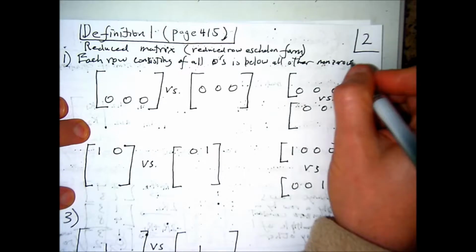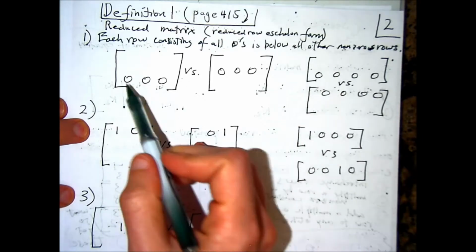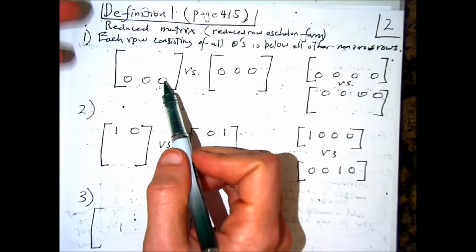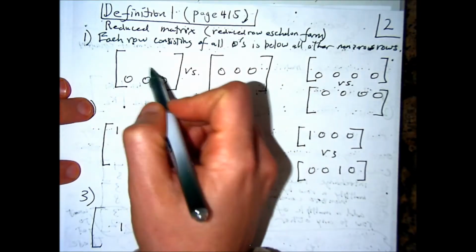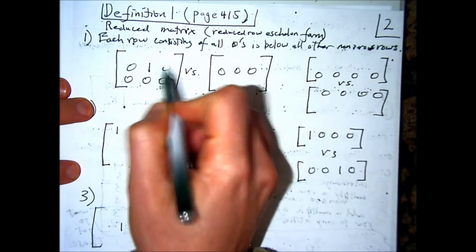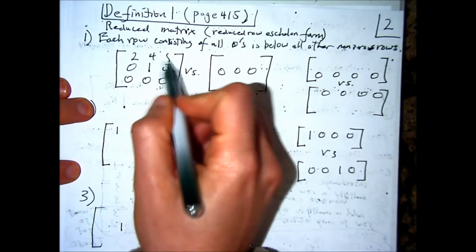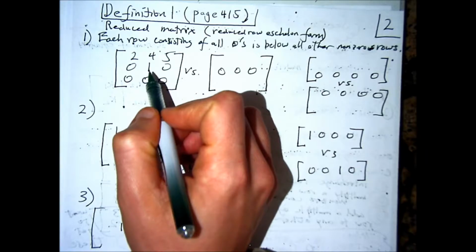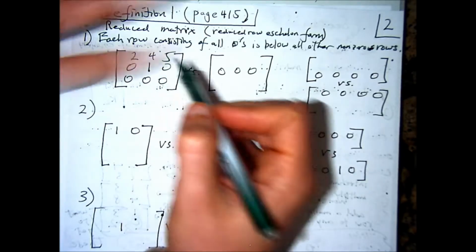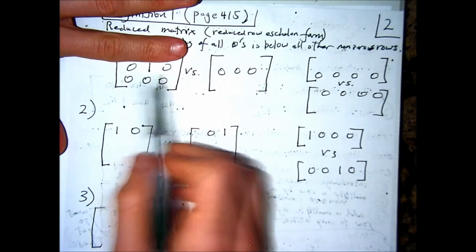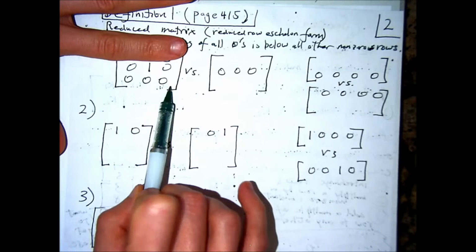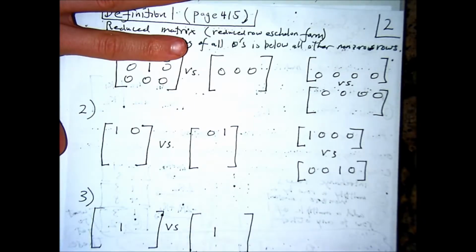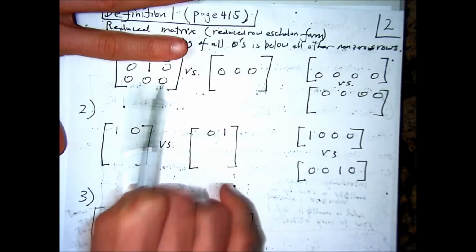Non-zero rows. All right? So if I have something like this, I have all zeros on the bottom. This is potentially in reduced row echelon form. And if I have anything that's non-zero in my other rows, let's say I have a 1 here, and I have zeros everywhere else, and I have a 2, 4, 5. Okay, this isn't quite reduced row echelon, but it could be if I'm just looking here, because I'm following this first rule. My zero row, if I have a zero row, is going to be at the bottom. That's the best way to say that.